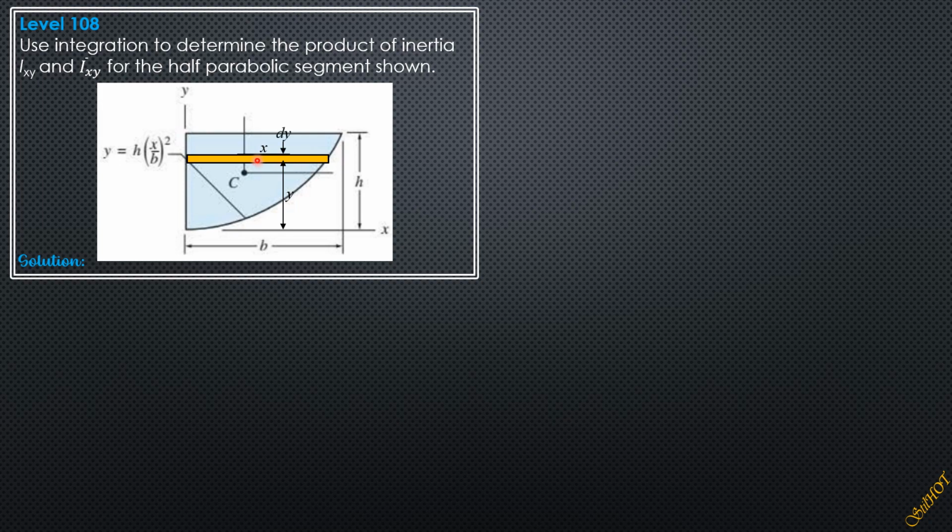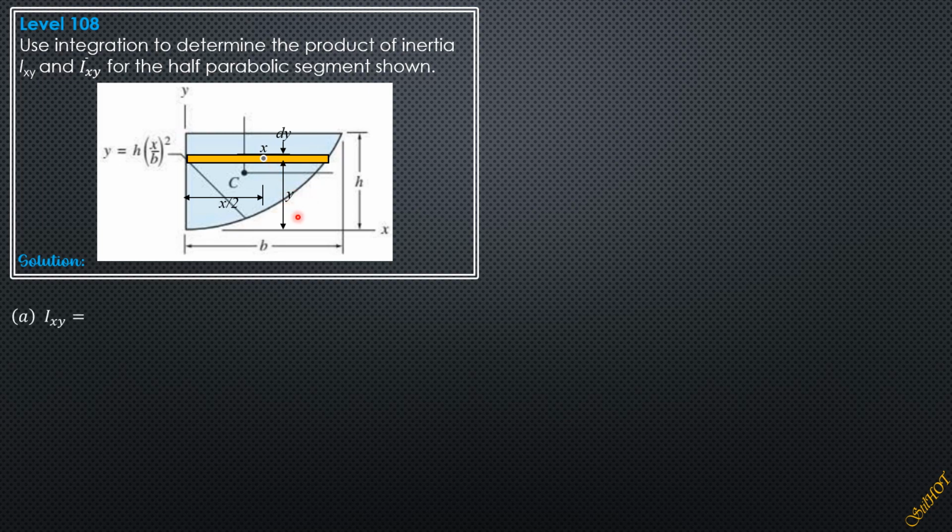The centroid of this elemental strip is at x over 2, comma y. So this is x over 2. Remember, Ixy is the integral of xy dA, where the differential area is x dy, and the variable of integration is y, so the limits would be 0 to h. The x in the formula is the x coordinate of the centroid, which is x over 2, and y is the y coordinate of the centroid of the element, which is just y.